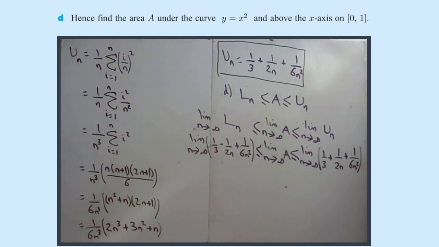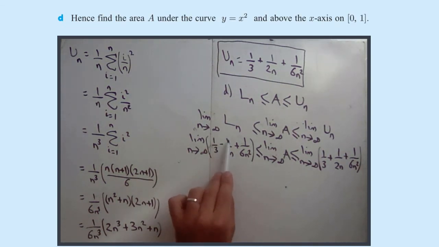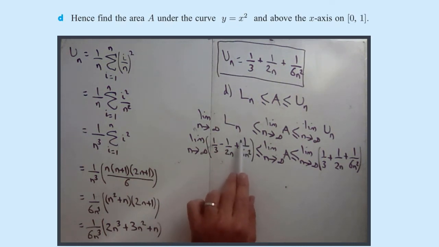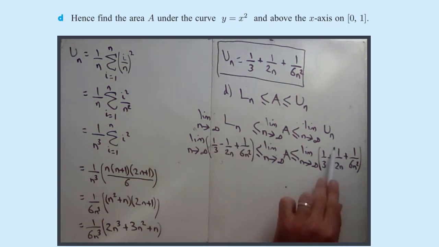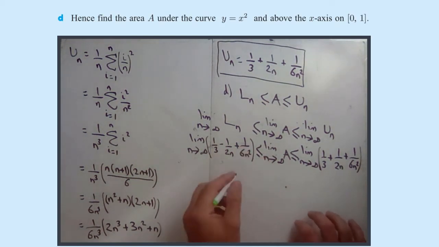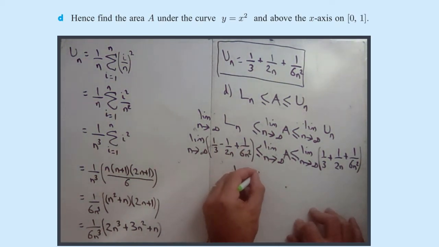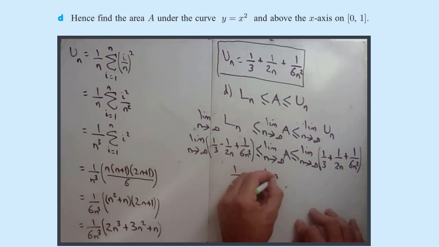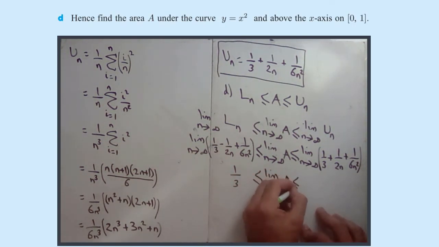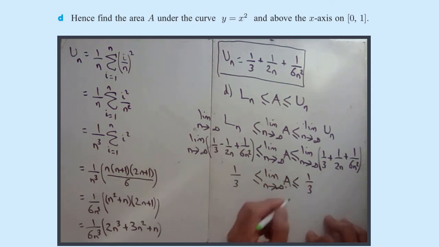You can clearly see very basic limits. So as n approaches infinity, 2n approaches infinity, 1 over 2n is going to approach 0. So is this term, and so is this term. So this is going to be 1/3 is less than or equal to the limit as n approaches infinity of the area, which is less than or equal to 1/3.